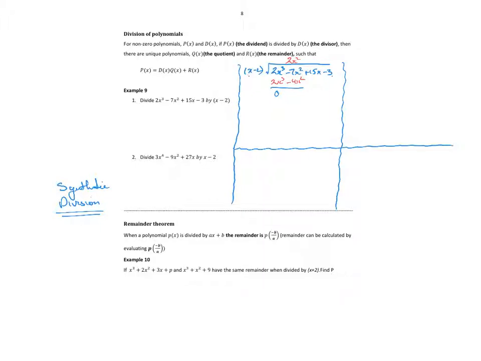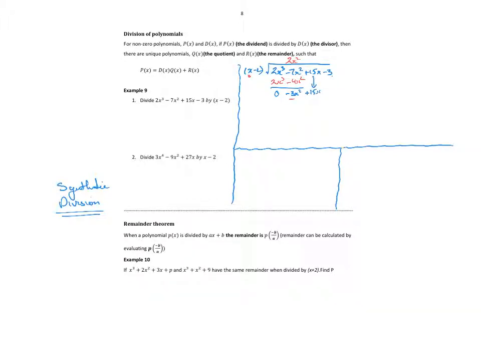We've got to be careful of negative signs. Negative 7 minus, a minus is plus, so that's negative 3x squared, and I'll bring the 15x down, which is the next term. Then what do I multiply x by to get negative 3x squared?